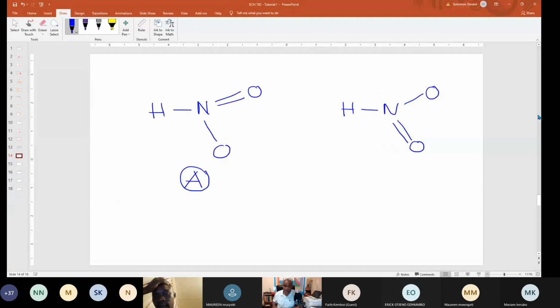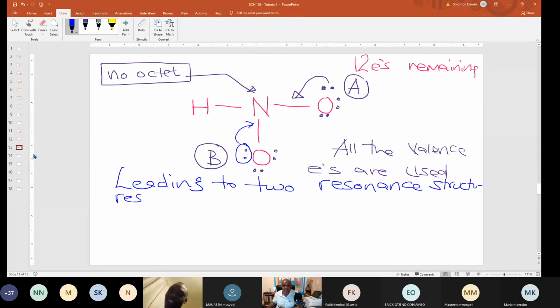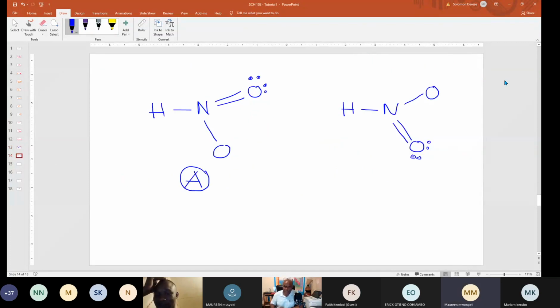So on this one, we'll have these 2 pairs, the one that has formed a double bond. On this other one, we'll also have 2 pairs. But the other oxygen that has not formed a double bond, for example, if we had used this one to form a double bond, this one will have left 6 electrons. So each of them will have 6 electrons.